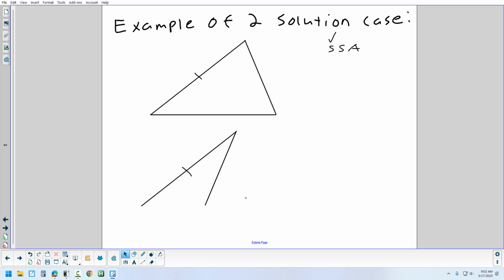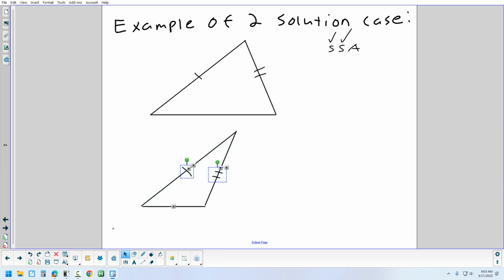Now, by flipping it, is that side and that side still the same length? Yeah. So now the picture that I'm drawing shares another side with the top one. And the only thing I can really do left is just connect the third side. Okay, so there's my third side.